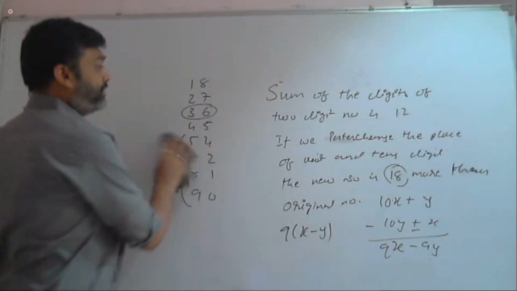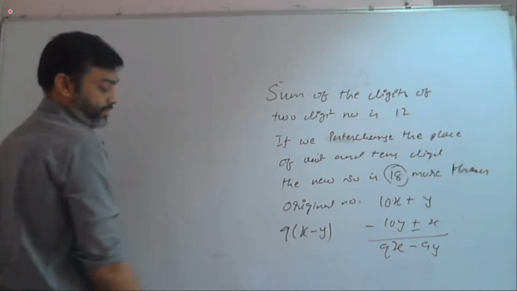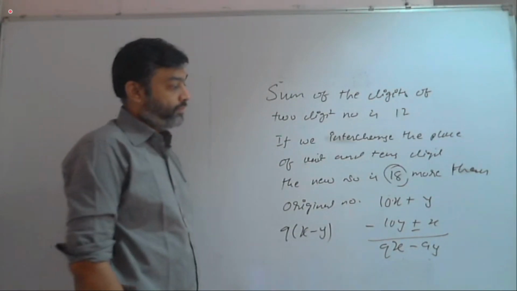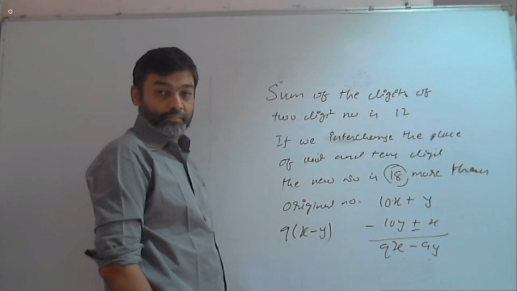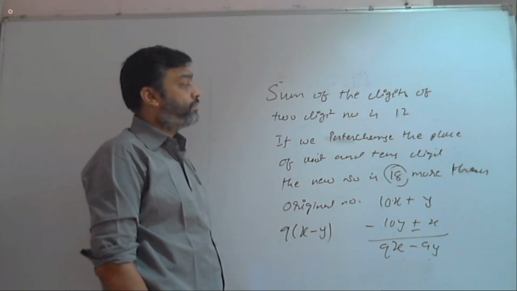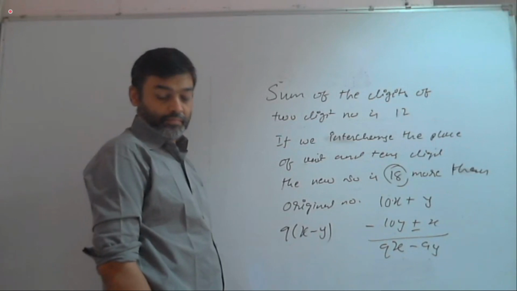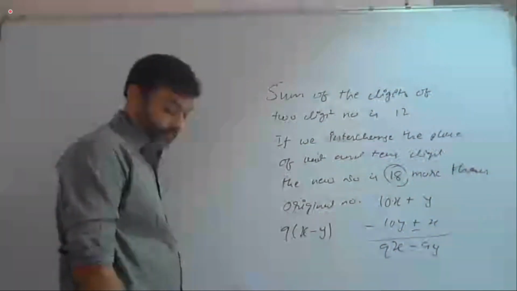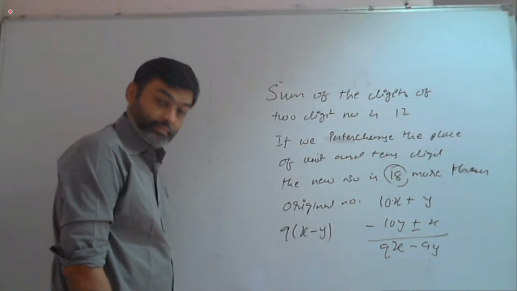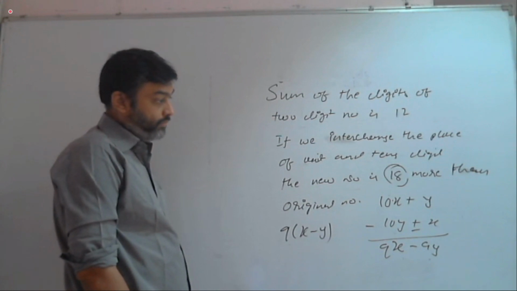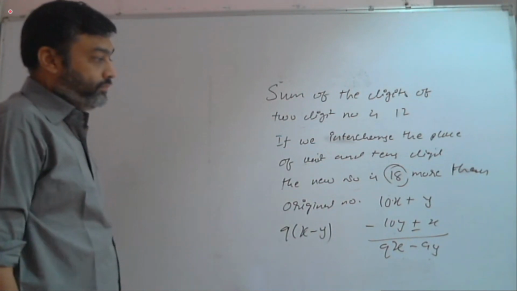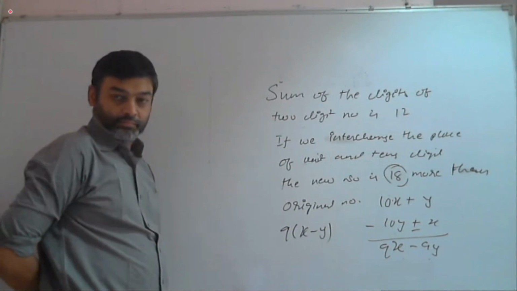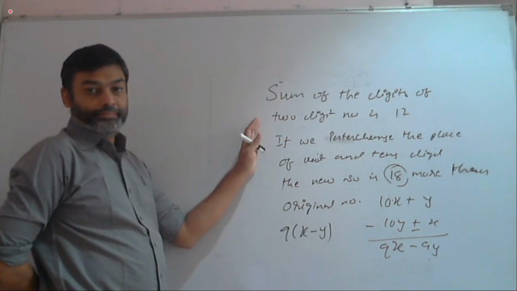The sum of the digits of the two-digit number is 12. Same question. 75.